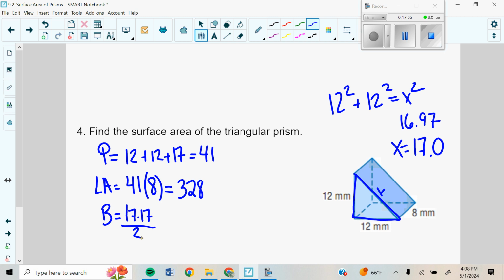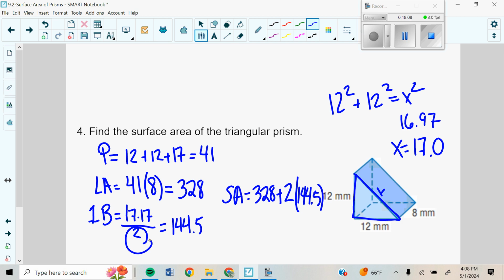So 17 times 17 divided by 2 is 144.5. I should write that neater for you. 144.5. So that's for one base area. So surface area, we're going to take our lateral area of 328, and we're going to add 2 of our base areas, which in a triangle kind of feels contradicting because we just divided by 2, but that's okay.